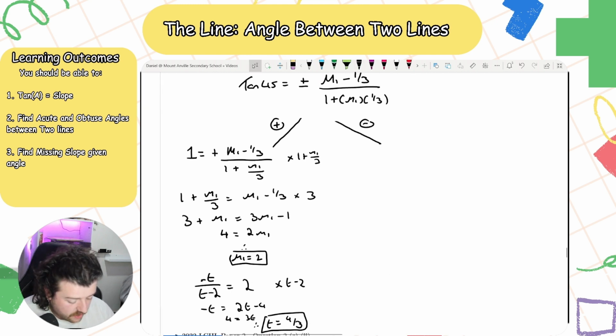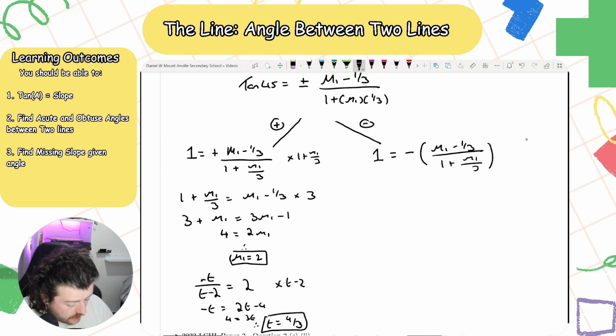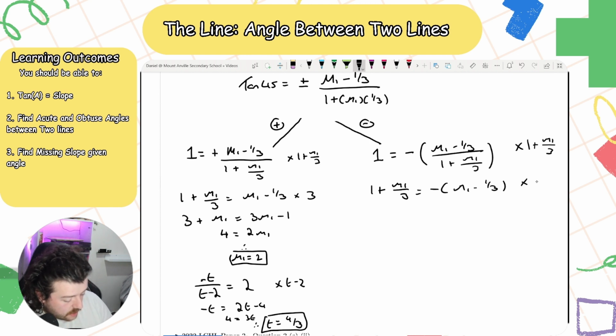Now let's do that for the other side. So I'm going to have 1 is equal to minus m1 minus 1/3 over 1 plus m1 over 3. Multiply both sides by 1 plus m1 over 3. I'm going to get 1 plus m1 over 3 is equal to minus m1 plus 1/3.